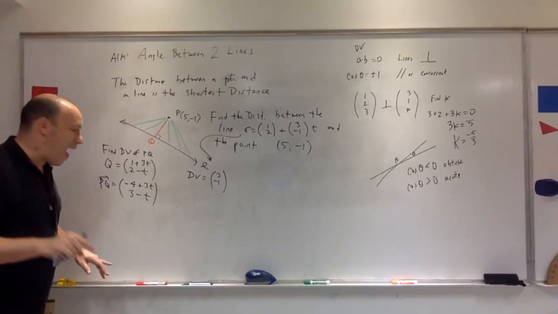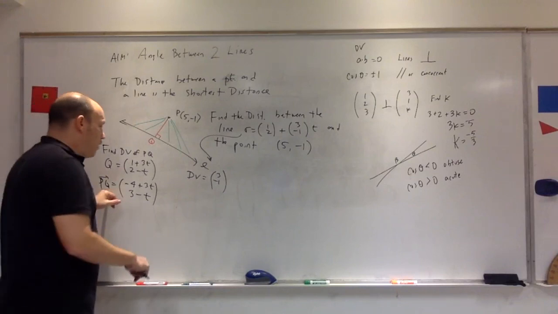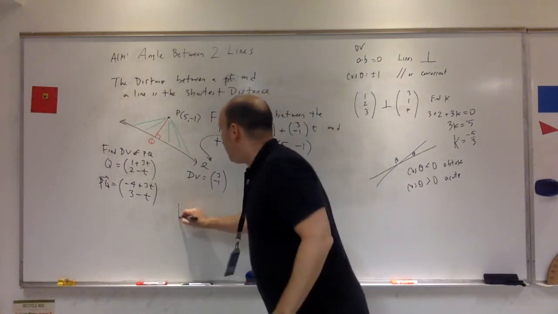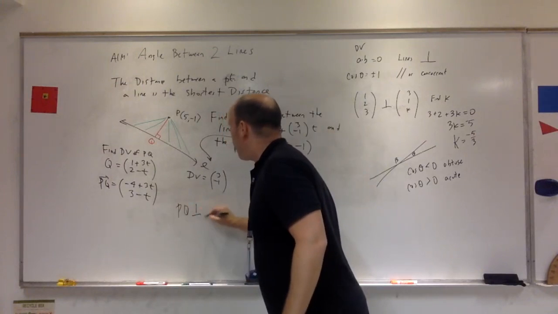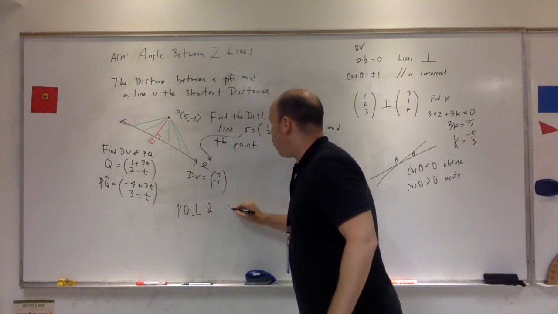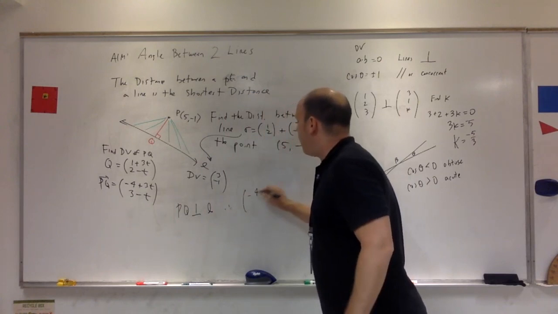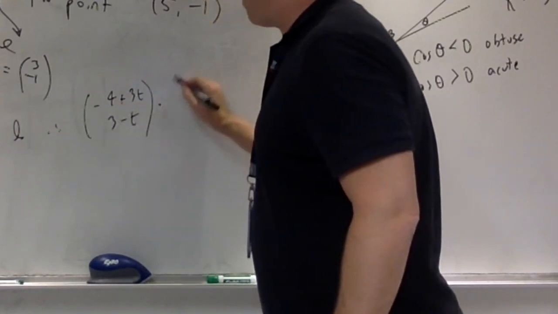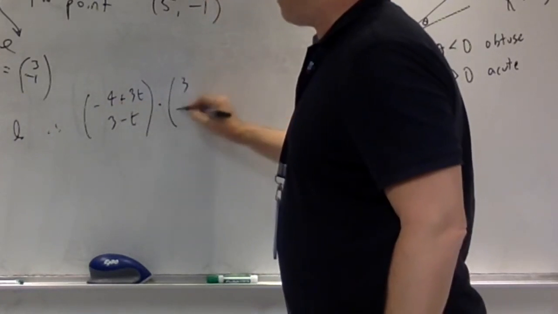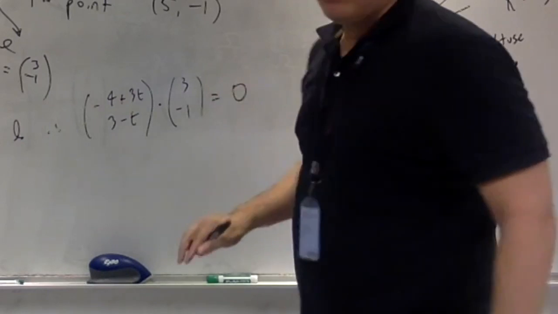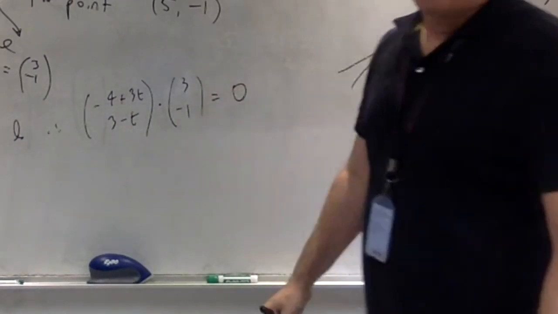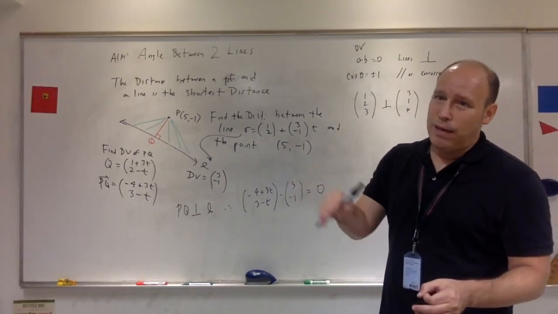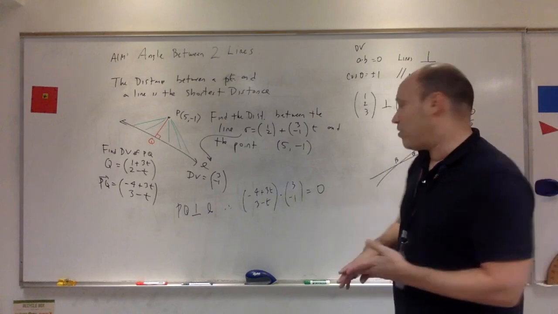I know that PQ is perpendicular to L. Therefore, I know that (negative 3 plus 3t, 3 minus t) dotted with (3, negative 1) equals 0. And I will be able to solve this equation, find t, get point Q, find PQ, find the distance.